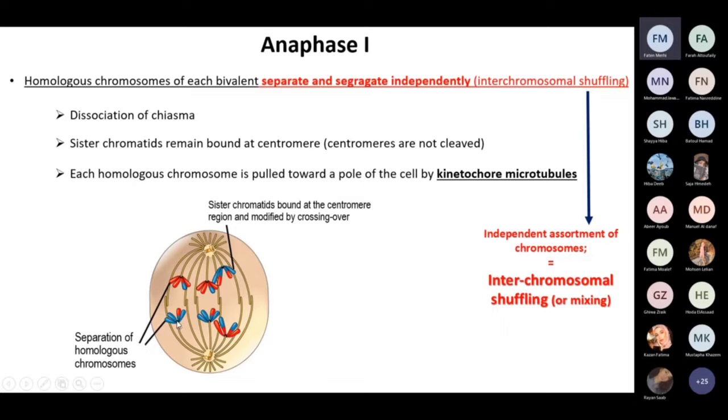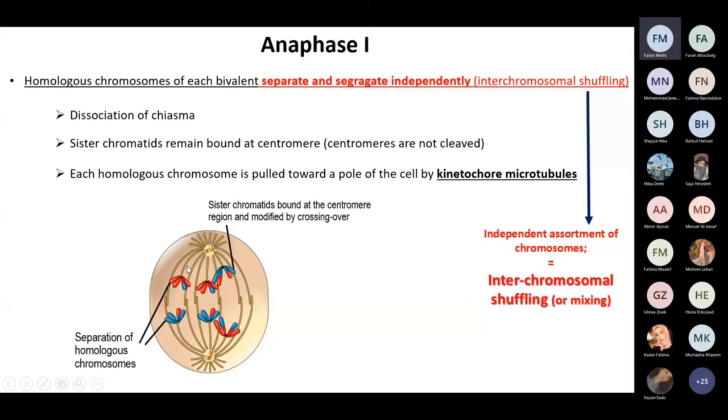So the kinetochore is binding the microtubule, and they will be pulled toward a pole by those microtubules attaching to the kinetochore. We call them the kinetochore microtubules. And now, what happens due to this separation of the homologous chromosomes?